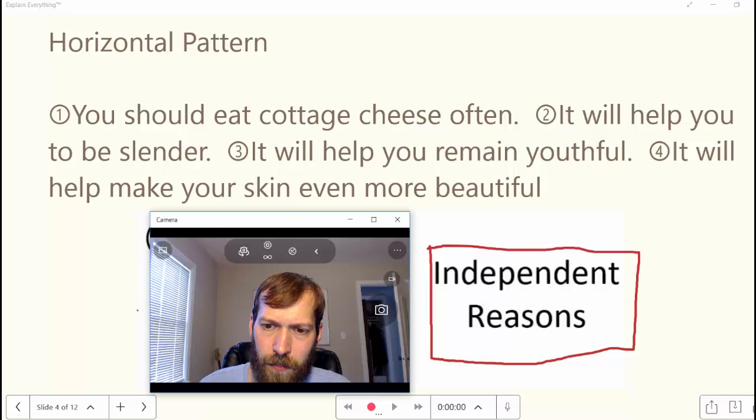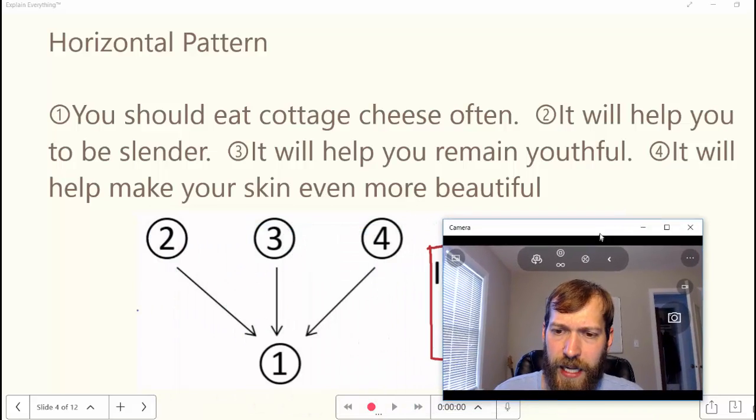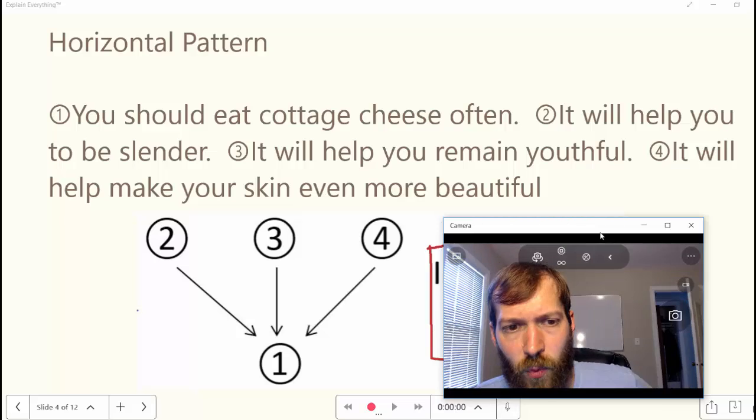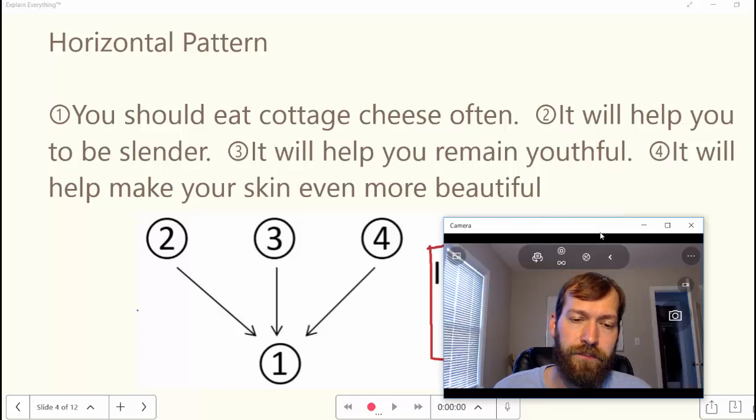You'll probably come to better appreciate that as we look at premises that work jointly together, conjointly.